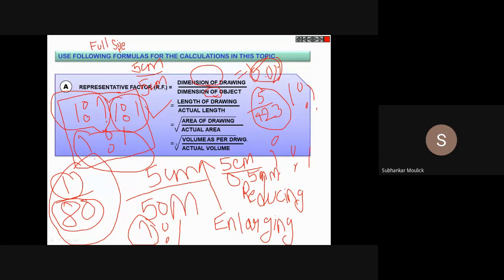Yes, if you are taking any dimension in the range of 30 centimeter, because we have a 15 centimeter scale and a 30 centimeter scale, then full size scale is possible. But for any dimension more than 30 centimeter length, full size scale is not possible. Is it clear?